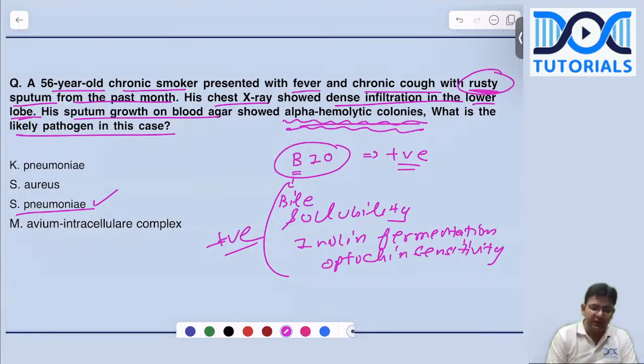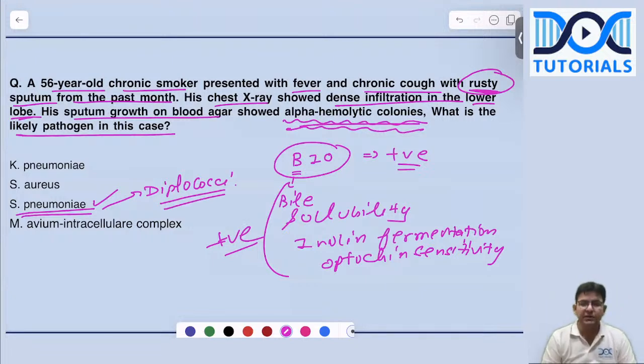So the answer to this particular question is what, guys? Streptococcus pneumoniae. Important is it's a diplococcus, in pairs. Gram-positive cocci love to be in pairs. And it is positive for what? Bile solubility. Which special typing is done? INI-CET question: Triple S typing.